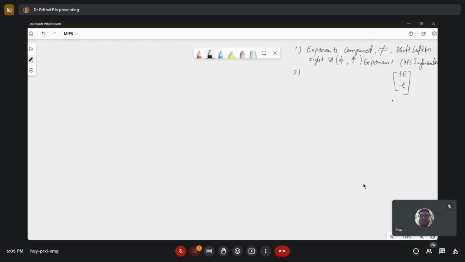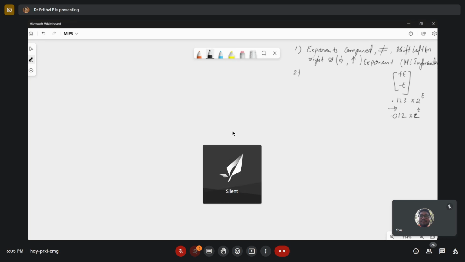Like yesterday, we have seen 1, 2, 3. If you are shifting towards the right, having 2 power e, what information will you lose or gain? Shifting means 1.2 times 2 power e becomes 2 power e plus 1.